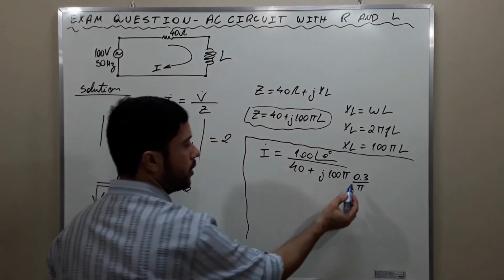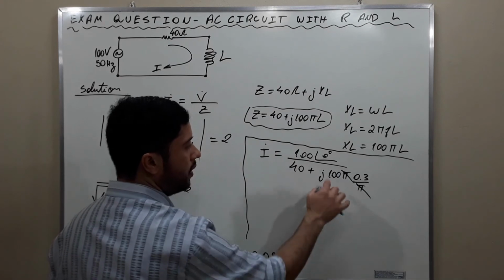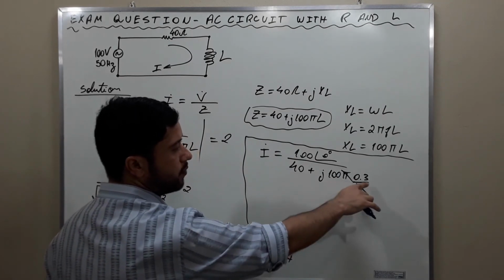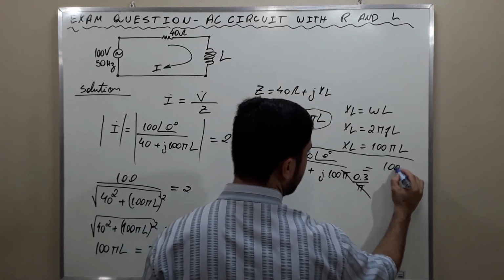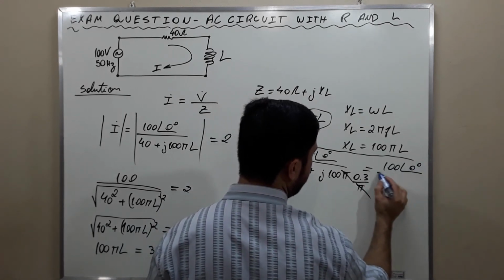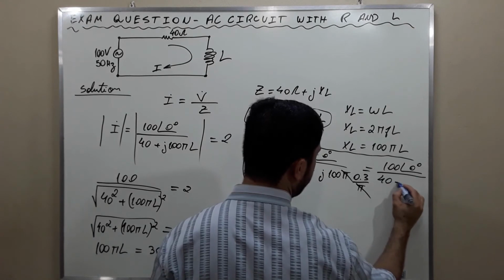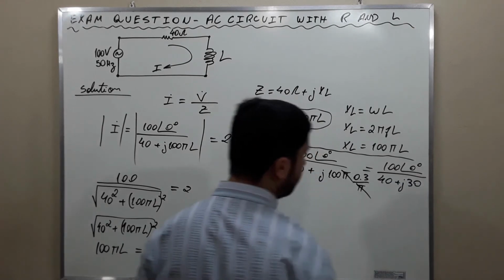Okay? We cut pi with pi, and 100 times 0.3, this becomes 30.